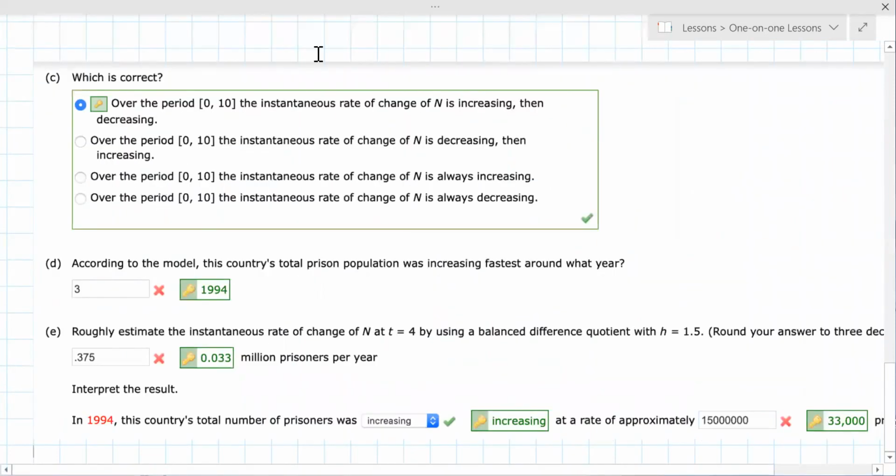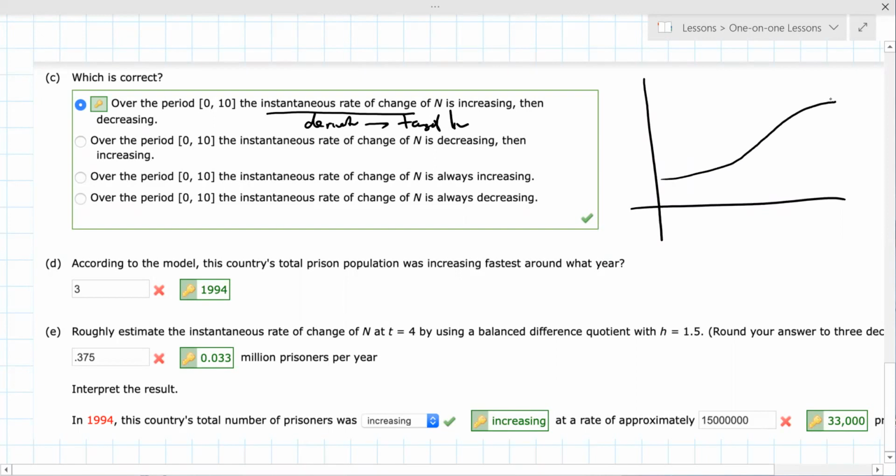All right. So over the period 0 to 10, the instantaneous rate of change of n is increasing, then decreasing. So the instantaneous rate of change refers to the derivative, which refers to the tangent line. So that graph that we had here kind of goes like that, and then it kind of flattens out.